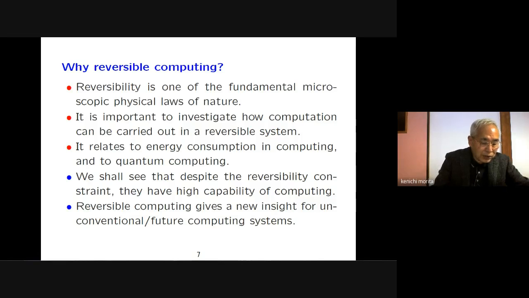It also relates to energy consumption in computing and to quantum computing. We shall see that despite the reversibility constraint, they have a very high capability of computing. Therefore, reversible computing also gives a new insight for unconventional or future computing systems.